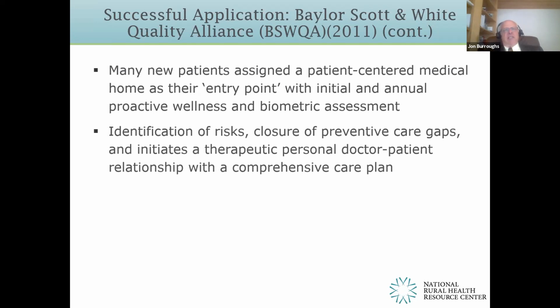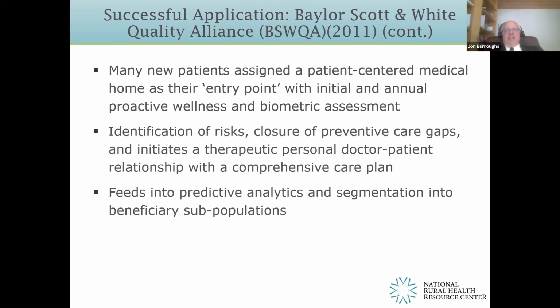So it's a very organized process: identification of risk, closure of prevention care gaps, initiation of a therapeutic doctor-patient relationship with a comprehensive health plan. Everyone every year gets a comprehensive care plan, which is done by someone at a lower level, utilizing protocols developed by physicians and executives.